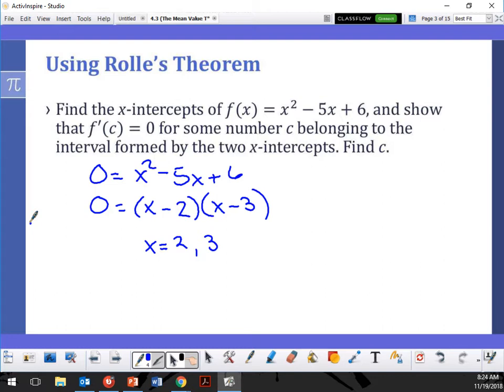Let's find the derivative: 2x minus 5. Set that equal to 0. So x is how much? 2.5, or as a fraction, because I like fractions, 5 over 2.